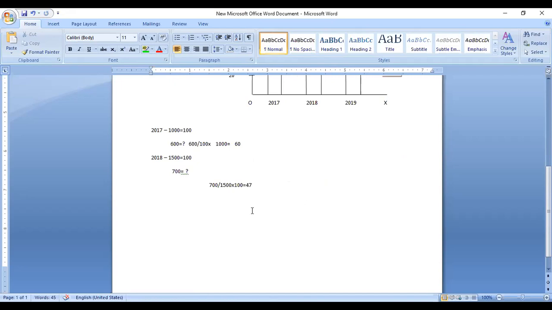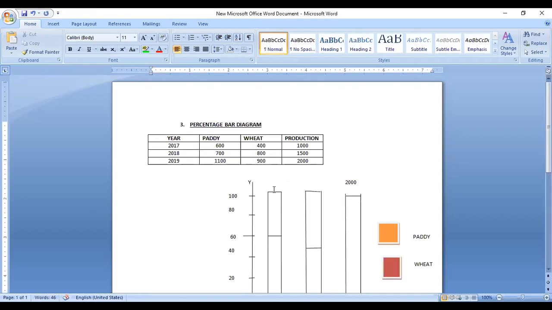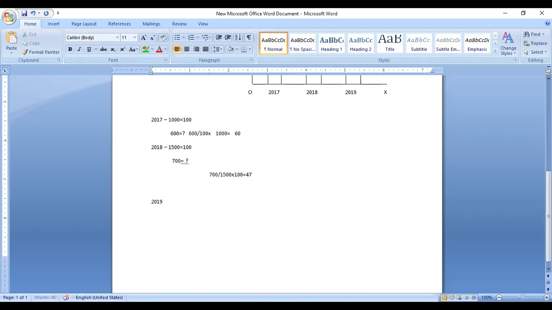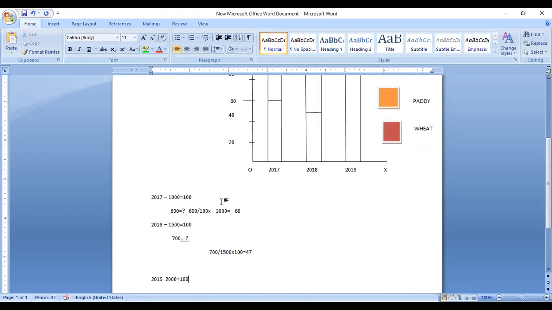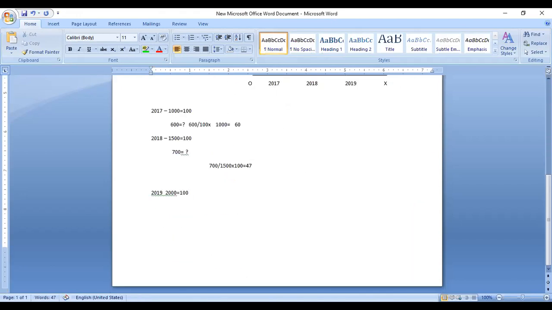Then for the year 2019, the total production is 2000. So 2000 is equal to 100. Then paddy production is 1100 tons. 1100 is equal to how much?